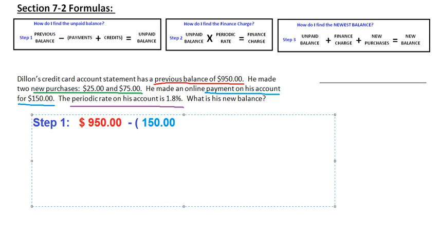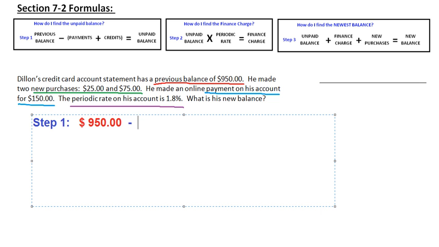But we don't see any credits. That's right, we don't see any credits. That's how I'm setting it up, just to show you that there are no credits for this example. Sometimes in your homework you'll have a credit, sometimes you won't. If you want, you could just set it up and have it be $150 just like that, and that's good enough for showing your work.